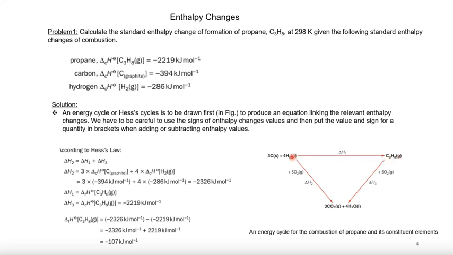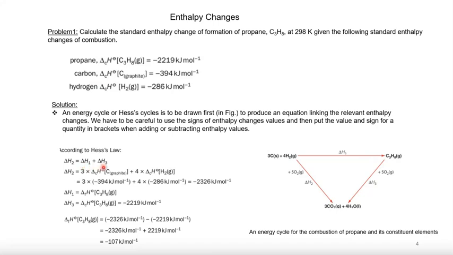But we can also have this other route: from carbon and hydrogen we get carbon dioxide and water. And from propane, we combust propane with oxygen, and we get carbon dioxide and water. So according to Hess's law, H2 is equal to H1 plus H3.